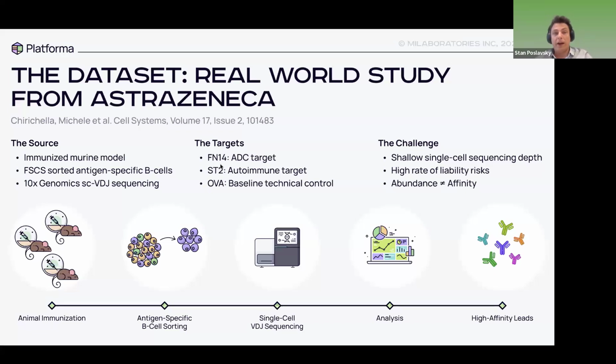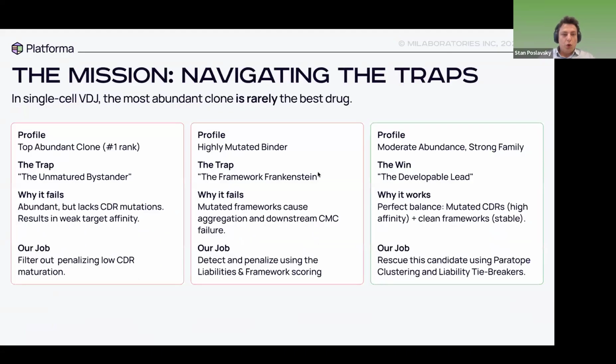And one of the key things that many people and many companies are doing is selecting the most abundant candidates, or candidates that are supported by the most number of cells. It actually doesn't mean that you're selecting the best affinity candidates. So we will navigate our analysis through the main traps in in vivo lead selection.